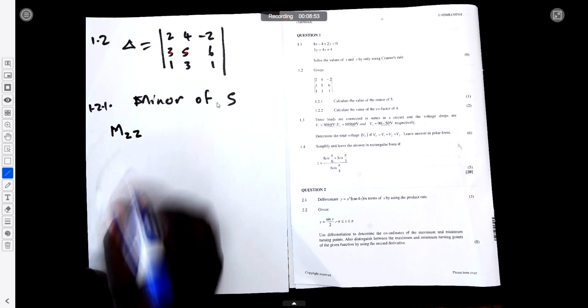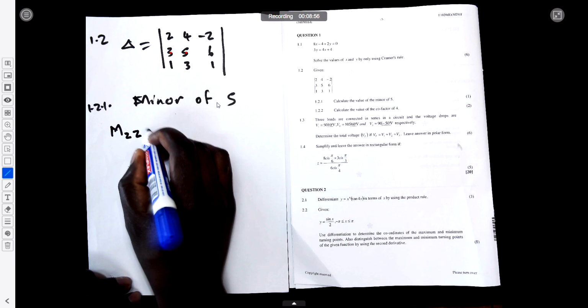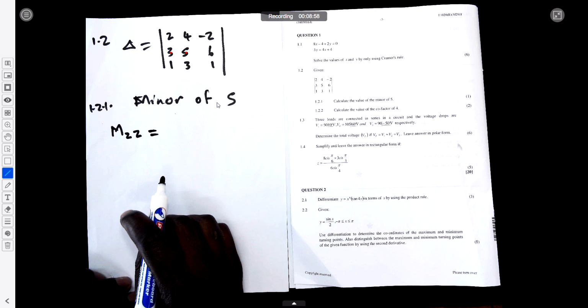Normally you can be asked to determine M2,2 or determine the minor of 5, so you need to know how to represent it in both forms.